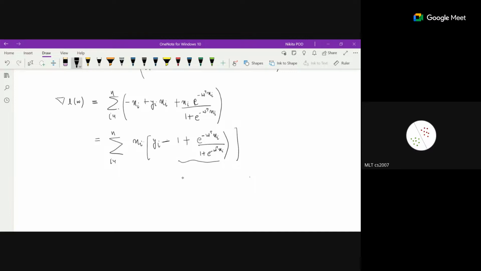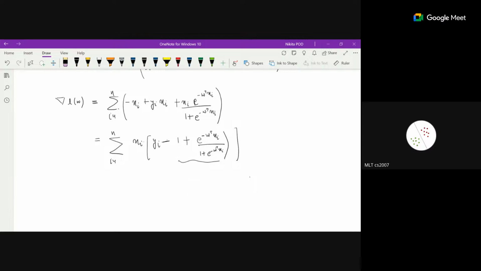Correct. So minus 1 minus e to the power minus W transpose Xi plus this. So it just gets cancelled out. I mean, these all cancel out, and we are just going to be left with 1 divided by this thing. So all this gets cancelled out.